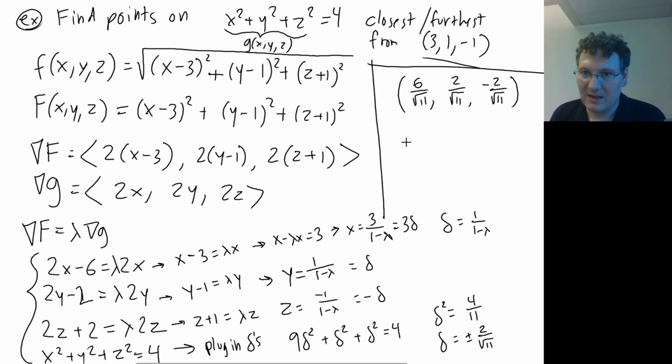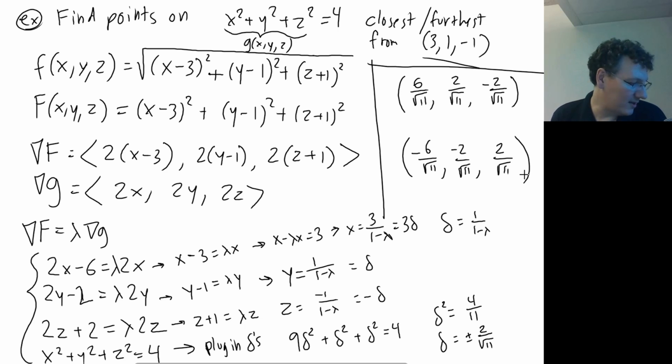That's one point. And then the other point would be the negative: negative 6 over root 11, negative 2 over root 11, and then positive 2 over root 11. Those are the 2 points.